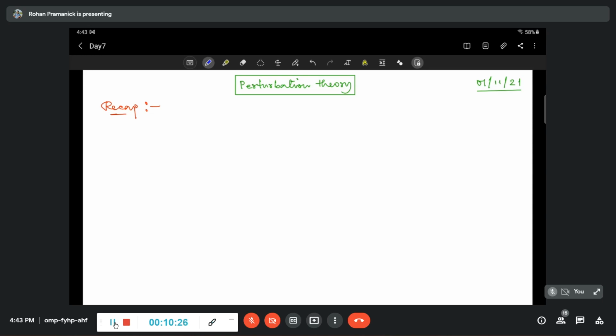If you have a linear perturbation, let's say your perturbation involves epsilon x instead of a constant, you use the same formula for the first order energy correction in the case of the harmonic oscillator.